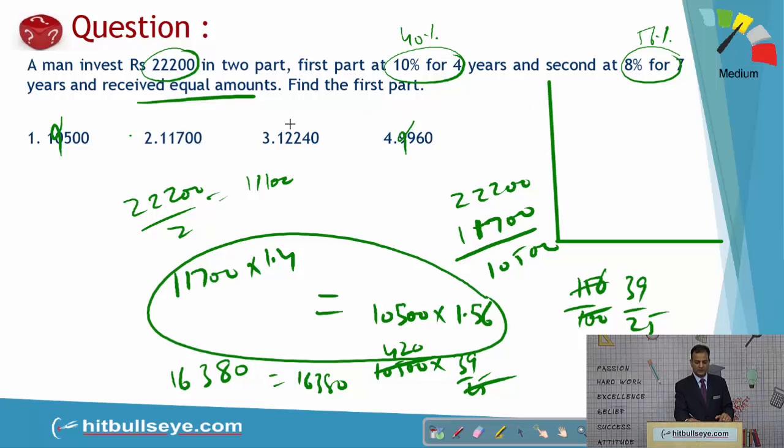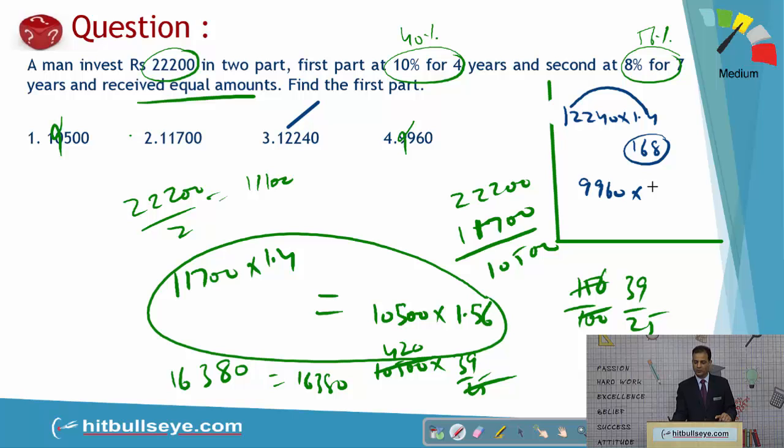If this is the option 12240, then 12240 into 1.4 for the first part will be approximately 14 into 12, 168 something. Now if the second part is 9960 into 1.56, if I say it is 10,000 into 1.56, with approximation it will be less than 16,000. So that means these two parts cannot be the same.